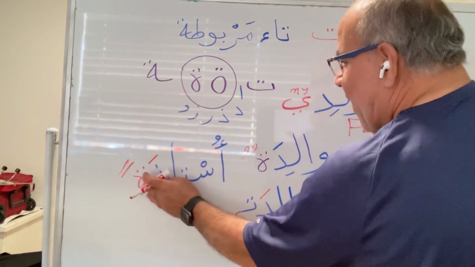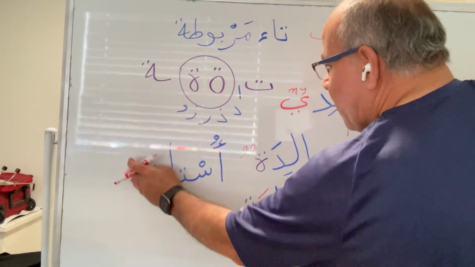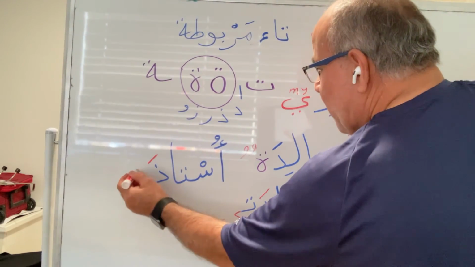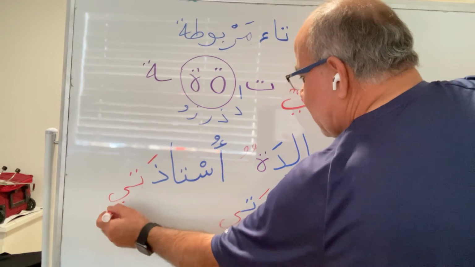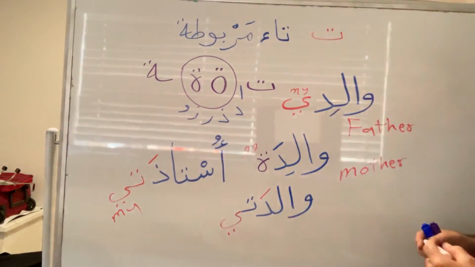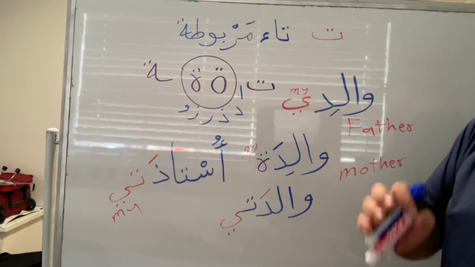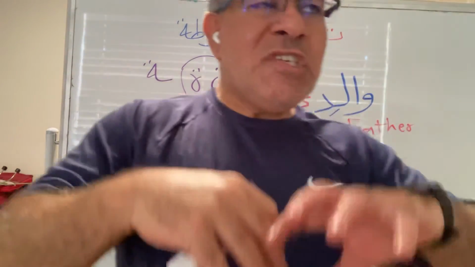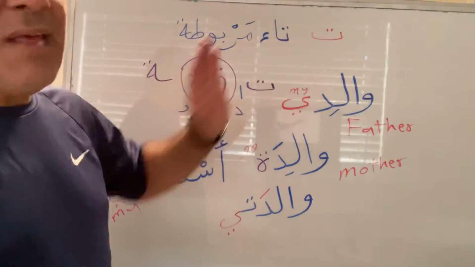Ustada. I want to say my female teacher. Okay, the ta marbuta will open. Then I add the suffix my. Ustadhati. So when we add any suffix to the ta marbuta, we change the ta marbuta to a regular ta.